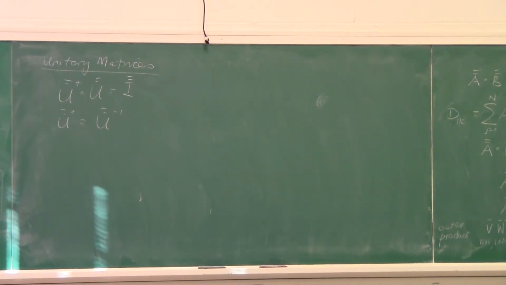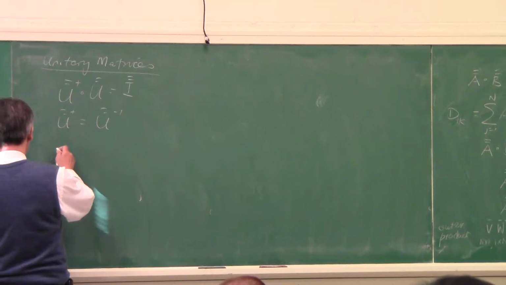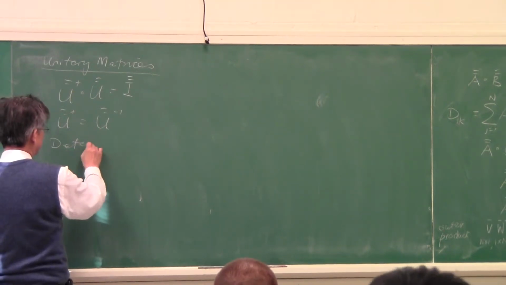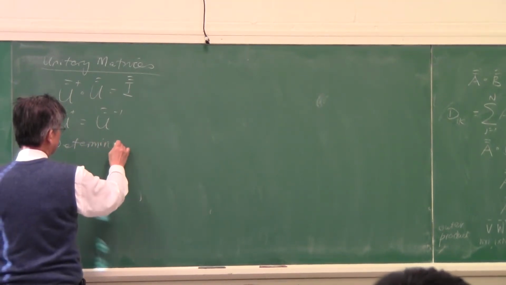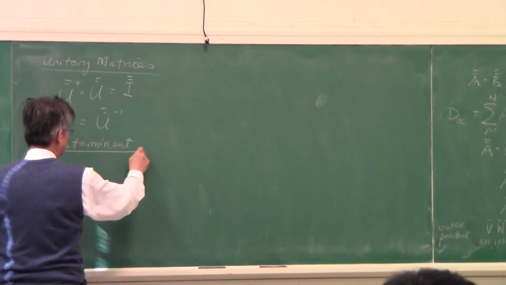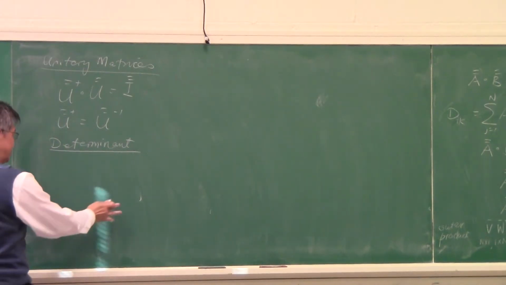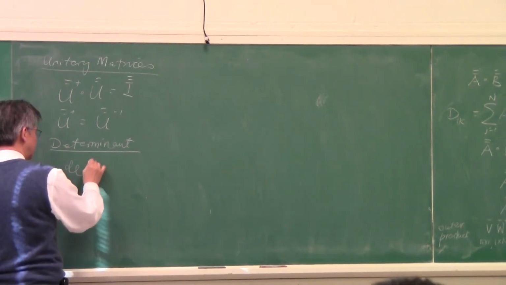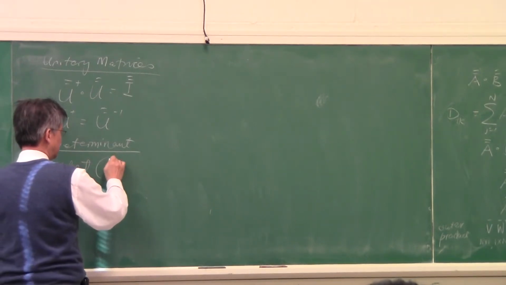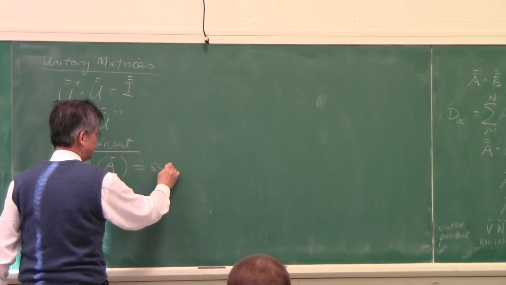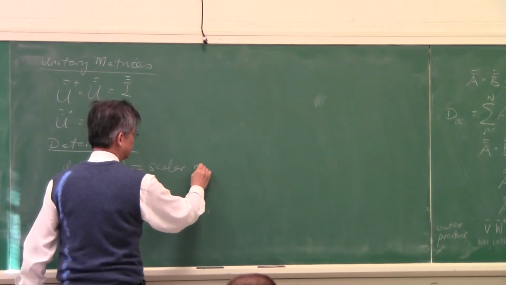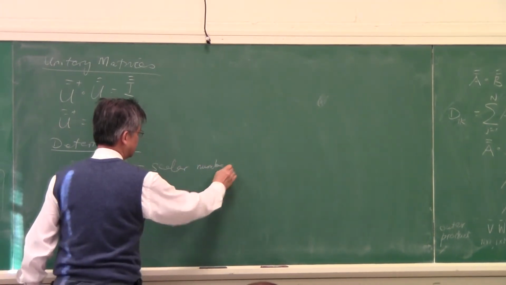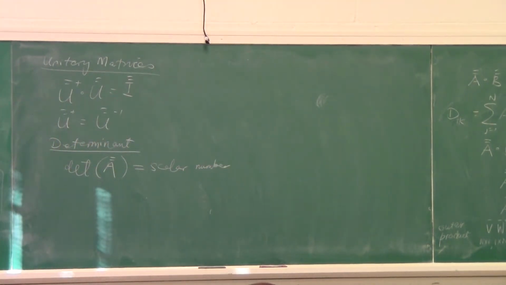Another property of a matrix is its determinant. Finding the determinant of a matrix is a very difficult thing. It gives you a scalar number. It also follows from an algorithm.